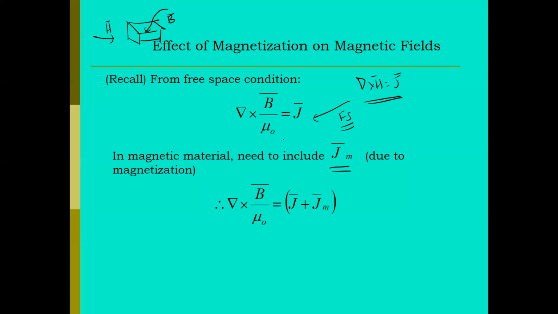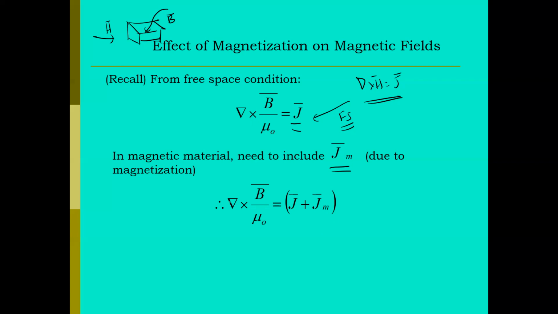So instead of just having J in your magnetic material, we can also have the volume magnetization current Jm, which is produced in your material as a result of the magnetization effect.